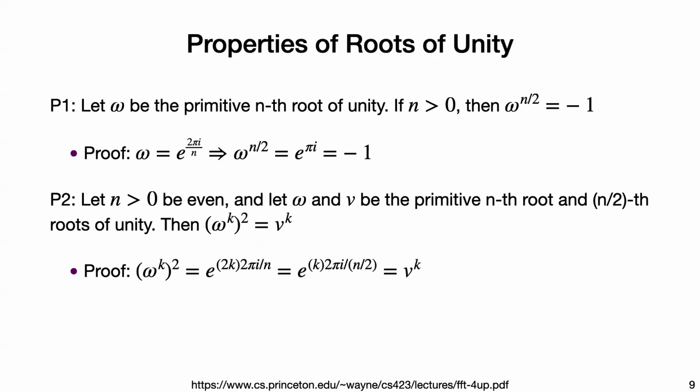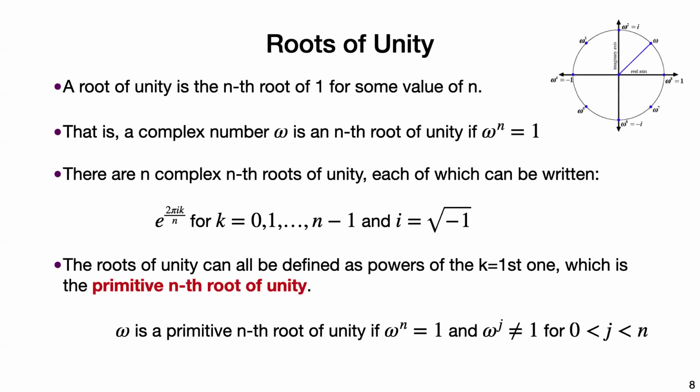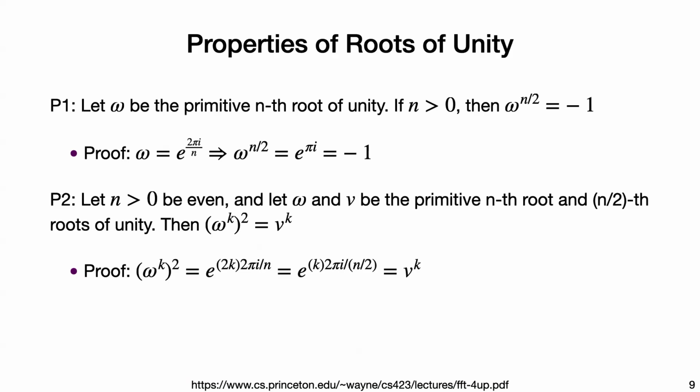And if you do some factoring, what this comes to is the definition of v to the k, because the definition of the roots of unity was e to the 2 pi i k over n. And so for the n over 2 roots of unity, the n over 2 needs to be the denominator, and k is still up there.